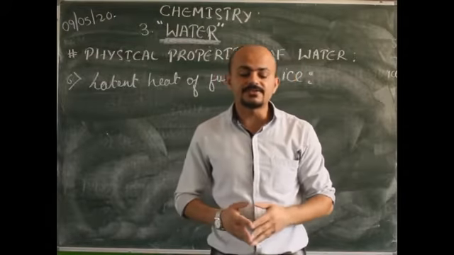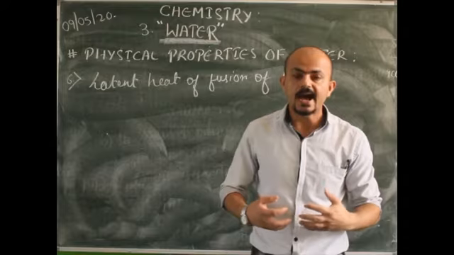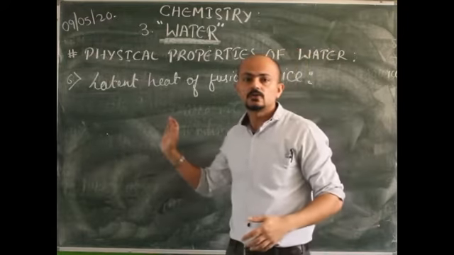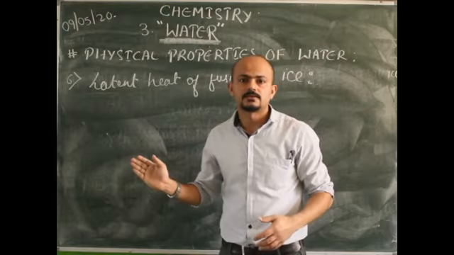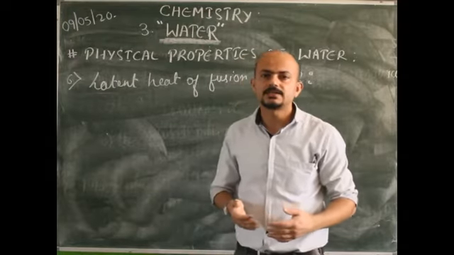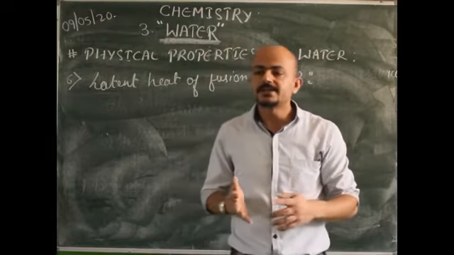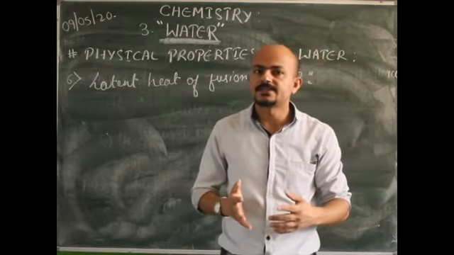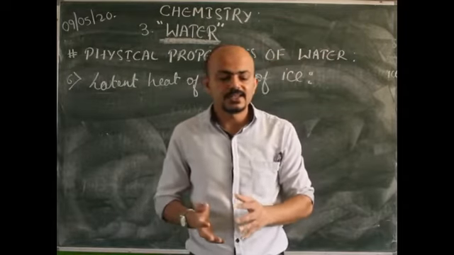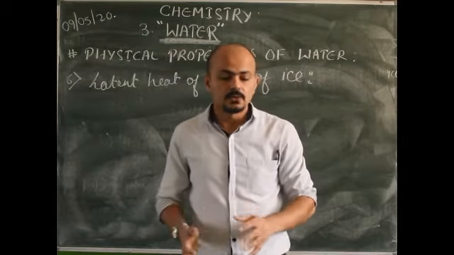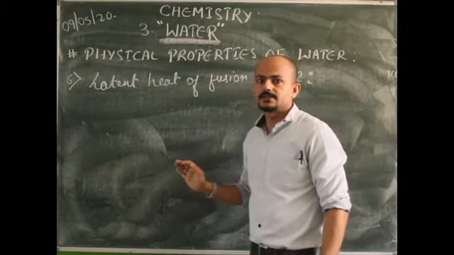It is the amount of heat energy required by ice to change into liquid water. So let me repeat it once again. It is the amount of heat required by ice to get converted into liquid water at 0 degrees centigrade.